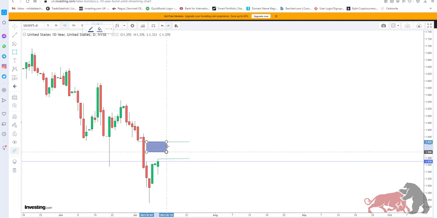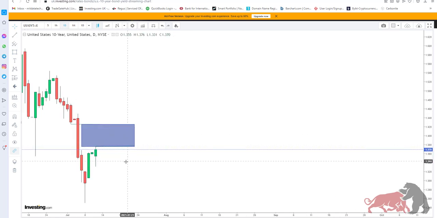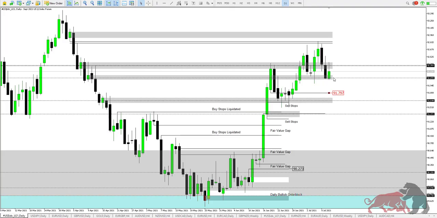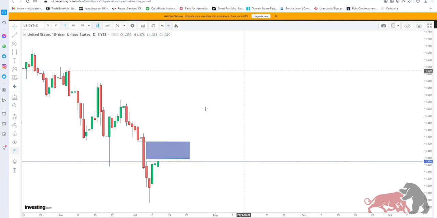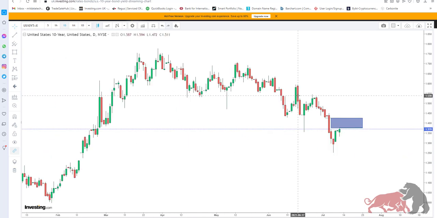Now, what is that going to provide in terms of our understanding of where dollar is going to go? Price will likely fill up this fair value gap on dollar index. You see, price will likely fill it up, and when that is happening, it means we are seeing dollar pushing to the upside. That would mean on dollar index, it has found support. Now, it would have found support where, right?